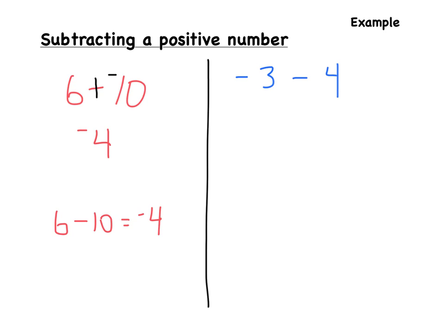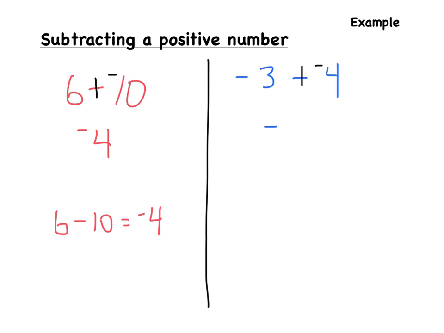Now let's look at the second one. We have negative 3 minus 4. Remember, we need to add the opposite. So our problem turns into negative 3 plus a negative 4. We know from the last video that if we are adding two similar numbers, in this case both negatives, the answer is going to be negative.